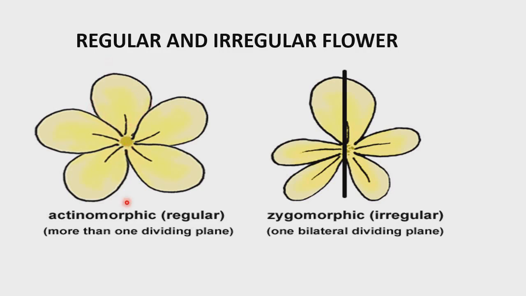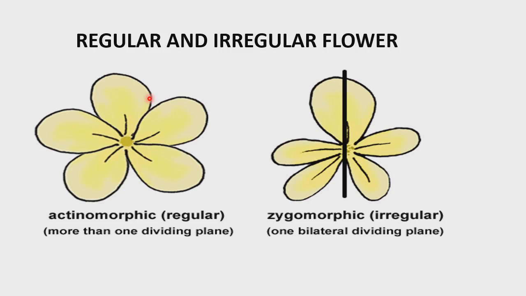If you cut them here you get two halves, you can cut them here to get two halves, and here, and here. So you can cut them in any plane to divide them. Any flower that you can cut in any plane to divide them, we call a regular flower or actinomorphic flower.